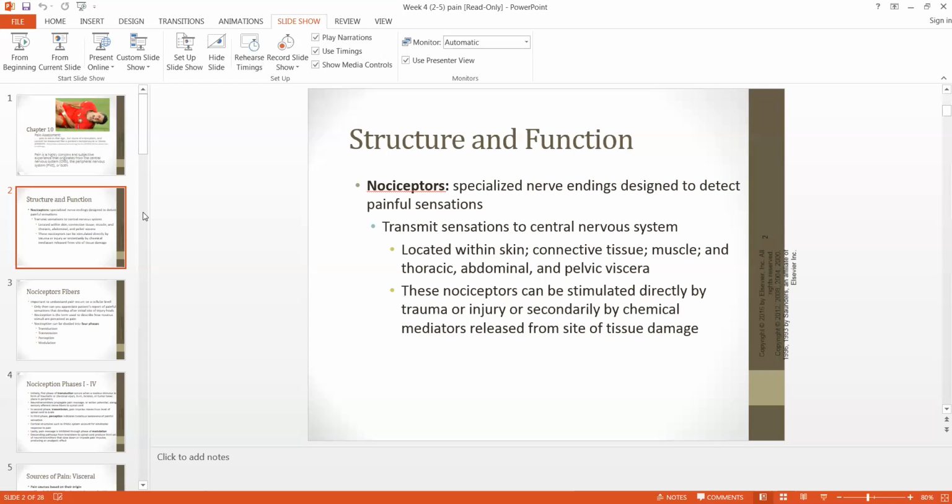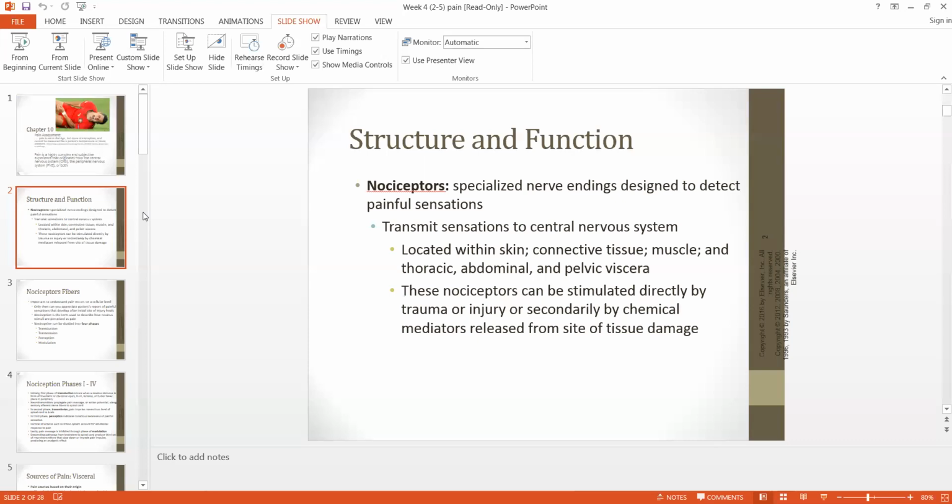So these nociceptors, the nerve endings designed to detect painful sensations, transmit to the central nervous system. If they're not transmitted to the central nervous system, they're not felt. And that's a very important key to remember whenever we're dealing with patients with pain and how to eliminate pain. So these nociceptors are in the skin, connective tissue, muscle, thoracic, abdominal, and pelvic viscera or pelvic organs.